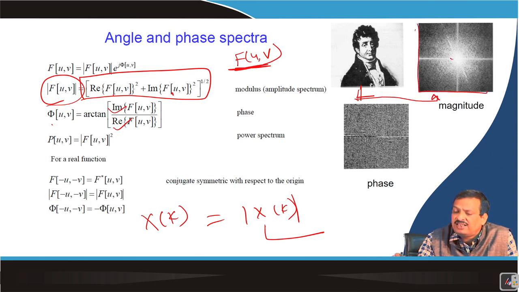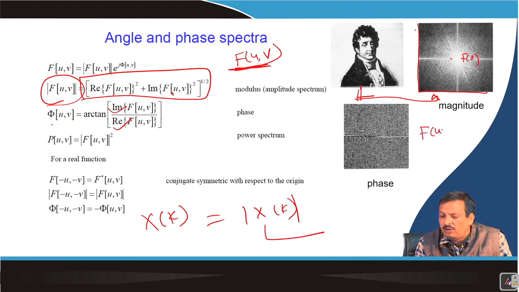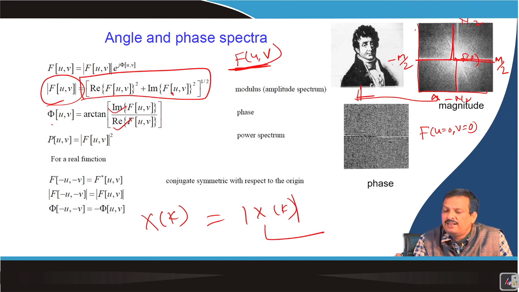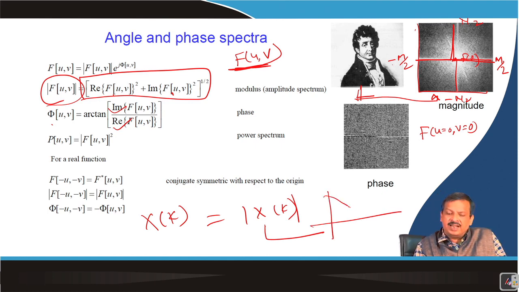So, this is F of u equal to 0 and v equal to 0. This is the center. This side it is M by 2, this side it is minus M by 2, and this side is N by 2 and this side is minus N by 2. So, it is 4 point symmetry and this center is F of 0, because if you plot the magnitude plot of a signal, you get this kind of plot.